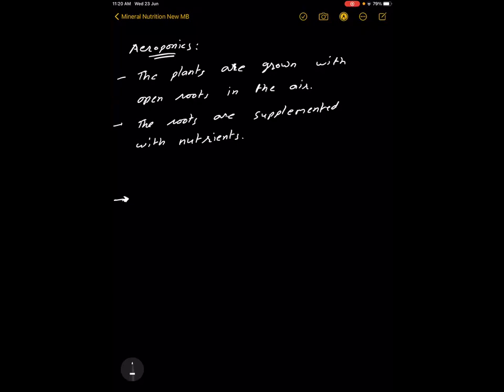In the plants, 60 elements out of 105 are found.